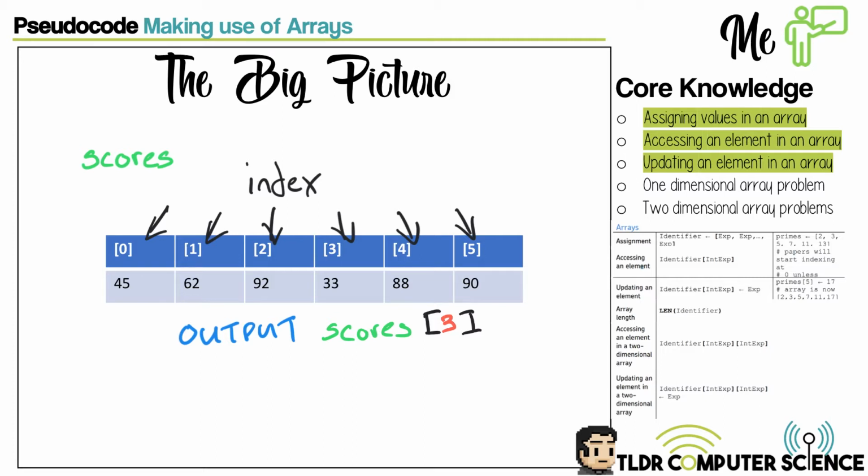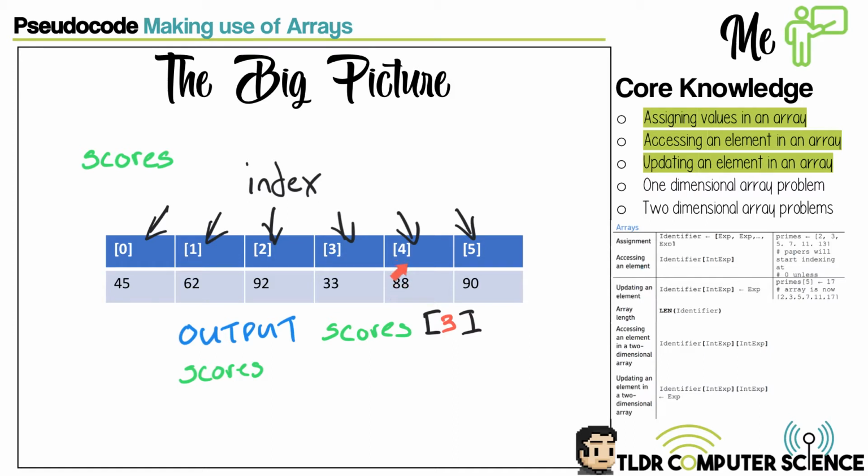The other way around, let's say I want to update a score. Let's say I want to update 88. This time the person retook the test and did a little bit better and got 92. So I want to update the value here. First time around they got 88.